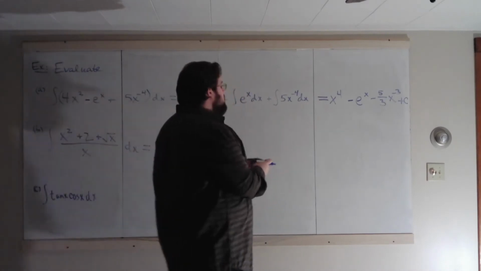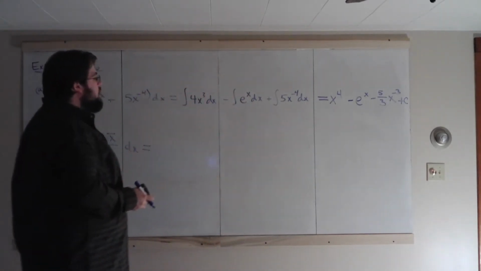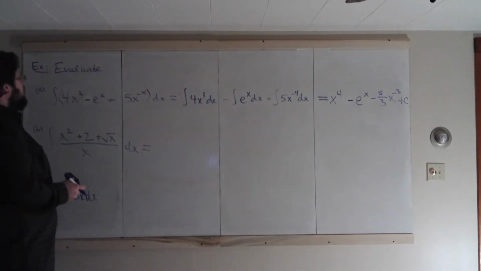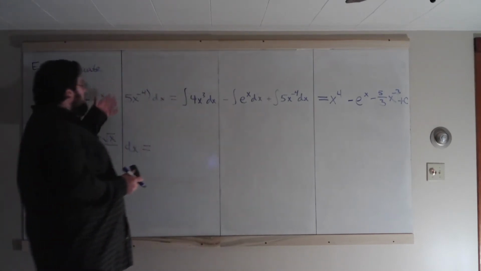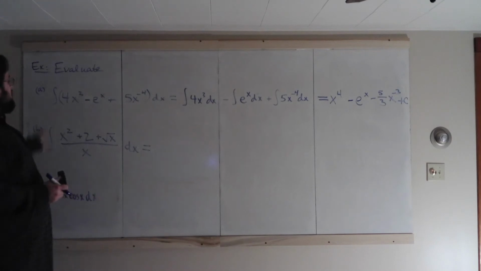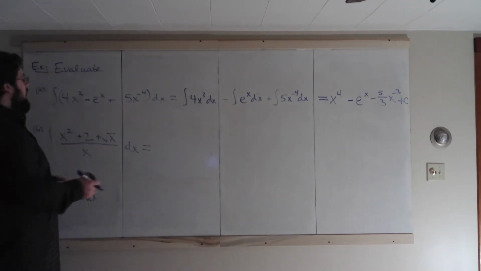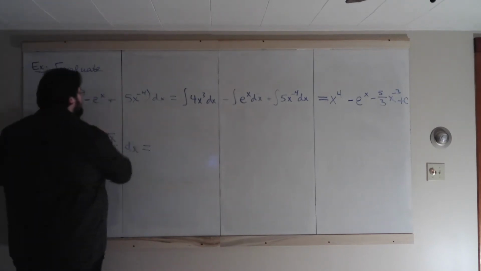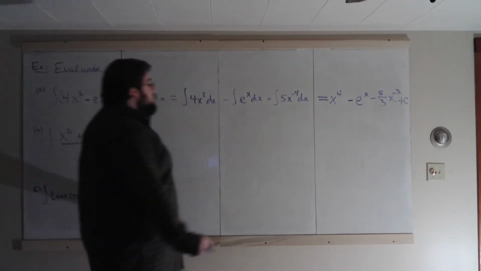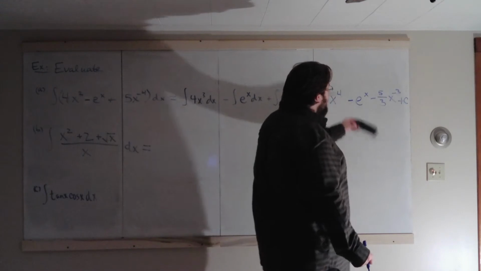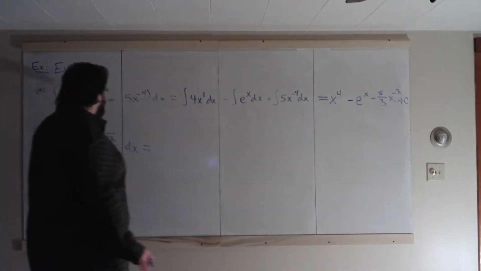Now with these, we can actually check all of our answers by doing a derivative, because what we know here is that the derivative of that over there must equal this inside, this integrand. This inside piece, the inside function between the integral and the dx is called an integrand. So to check our work, we just take the derivative over here and see that it equals this.